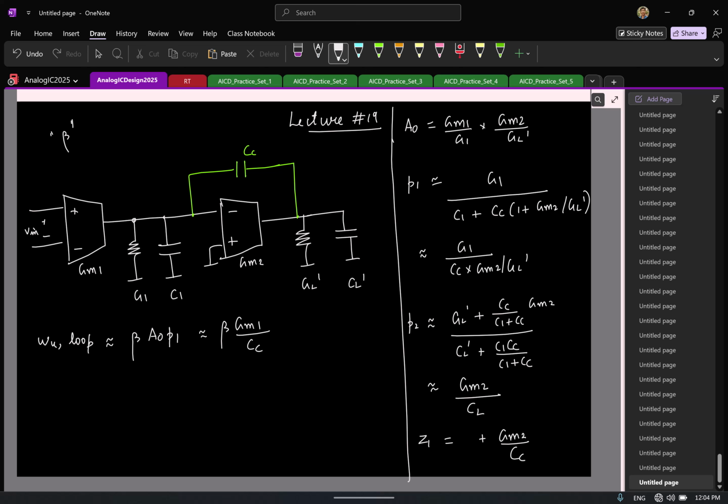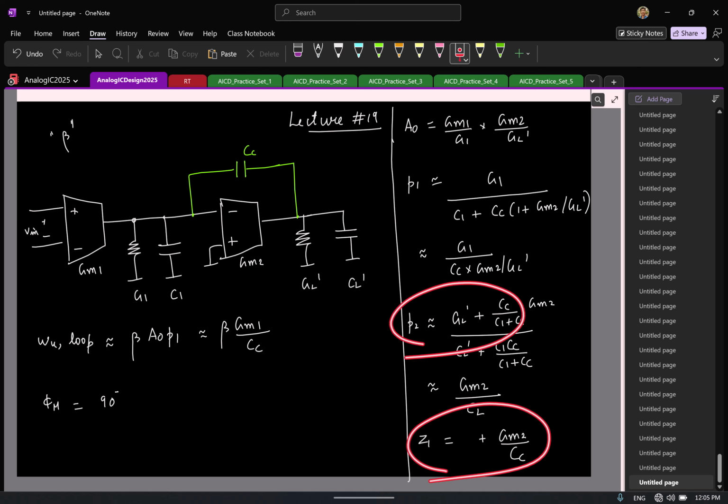We also looked at the phase margin roughly. Due to the first pole, you would have already incurred 90 degrees of phase. So you only have 90 degrees of margin already, of which you have the second pole and the right half plane zero taking off some phase.